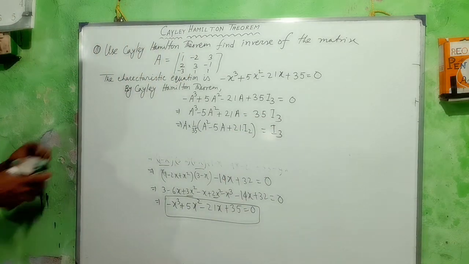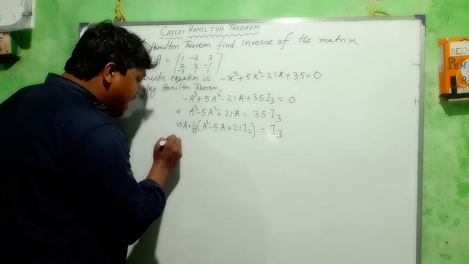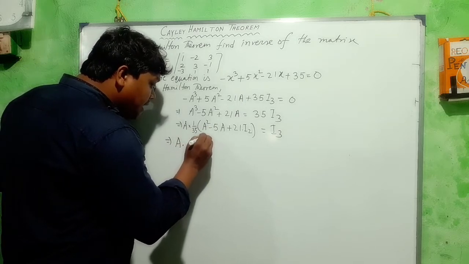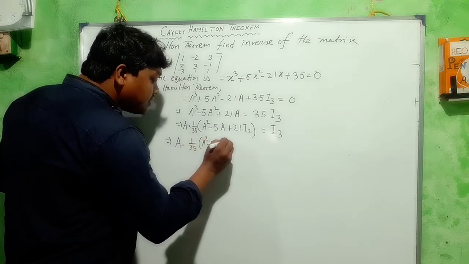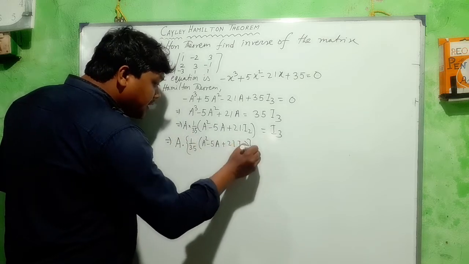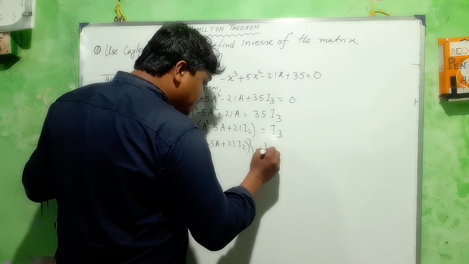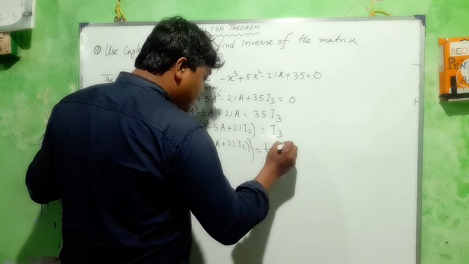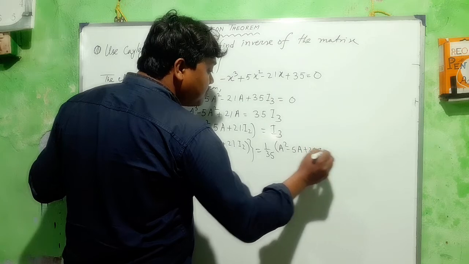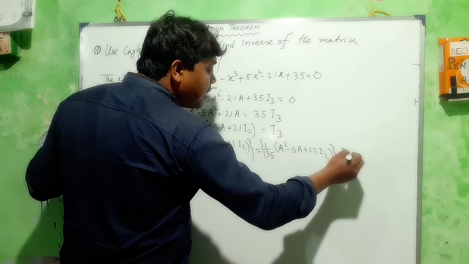I just divided the constant. So if I write this equation clearly, A into 1 by 35 (A square minus 5A plus 21 I), that is the second bracket I have taken because the first bracket is already included, equals to 1 by 35 (A square minus 5A plus 21 I), second bracket, into A equals to I3.